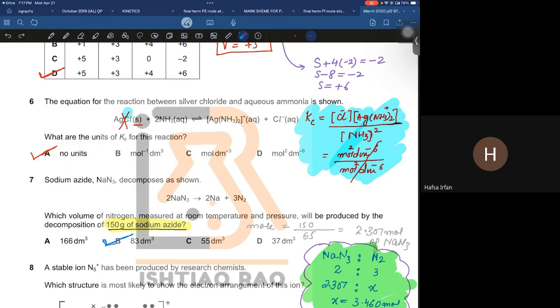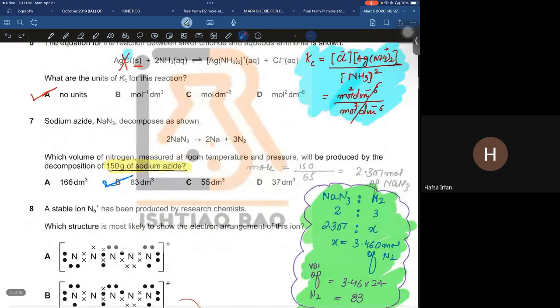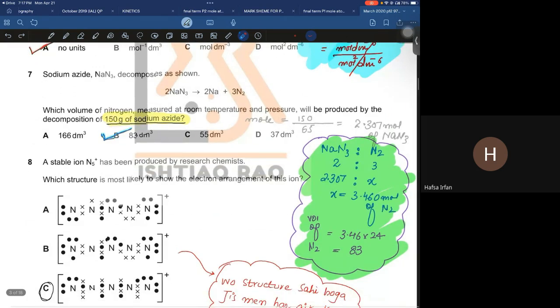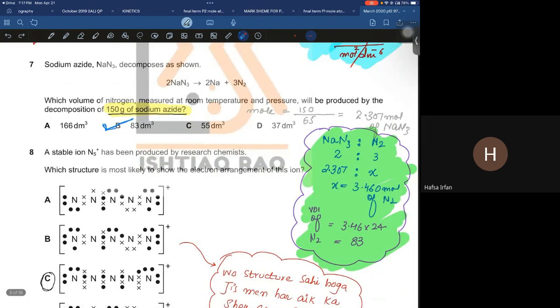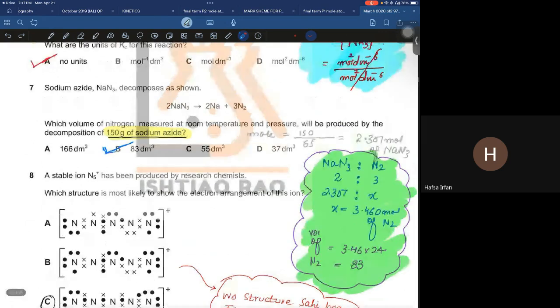Okay. Then sodium azide decomposes as shown. Which volume of nitrogen measured at room temperature and pressure will be produced by the decomposition of 150 grams of sodium azide? So you can see that the mass, 150 gram, is given to you. I'm going to find out the moles. The Mr of sodium azide, that is NaN3, is 65. I got the moles of sodium azide, that was 2.307.